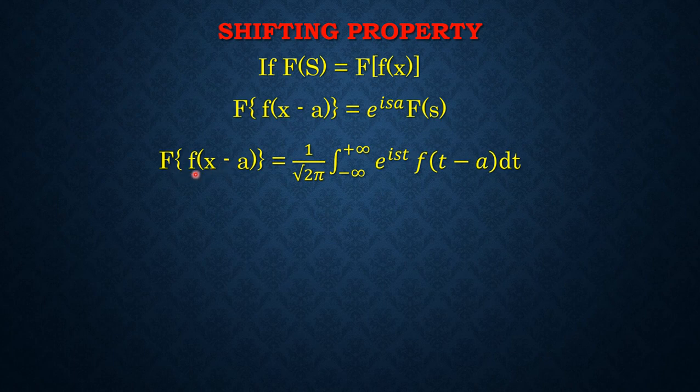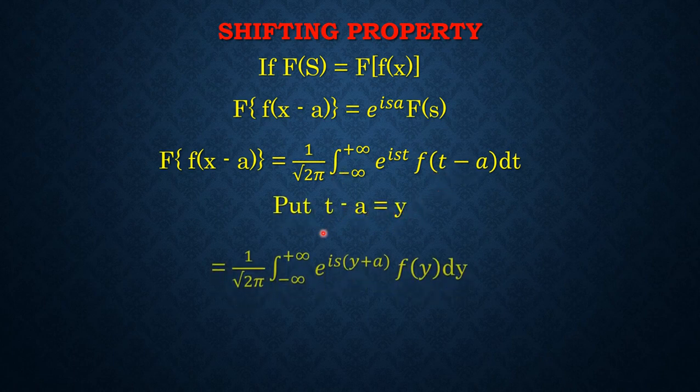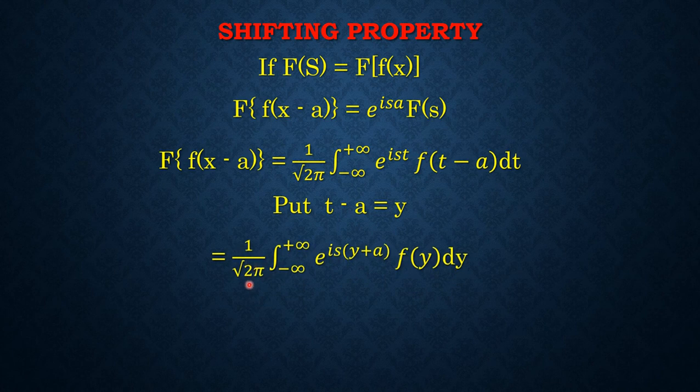We take the Fourier transform of the function f(x minus a), which is equal to 1 by root 2 pi integration minus infinity to plus infinity e to the power ist f(t minus a) dt. Put t minus a is equal to y, then we have 1 by root 2 pi integration minus infinity to plus infinity e to the power is(y plus a) f(y) dy.